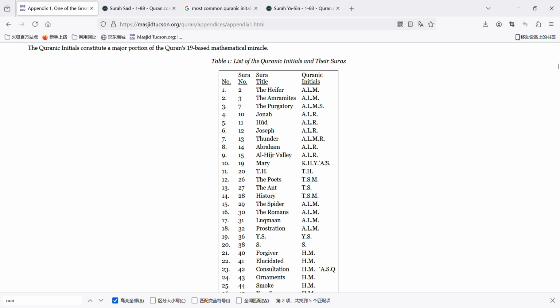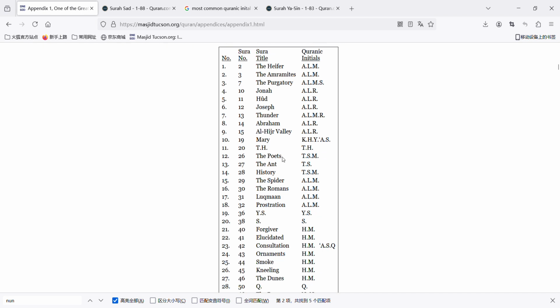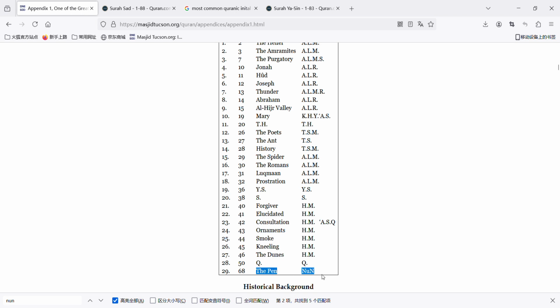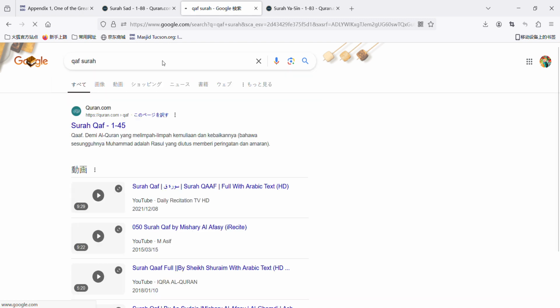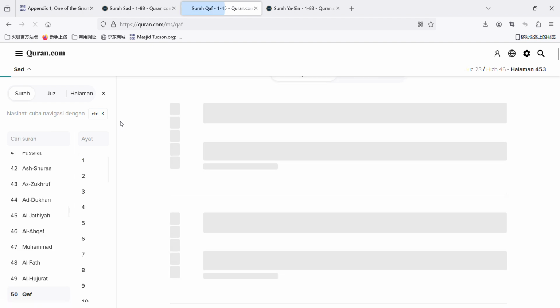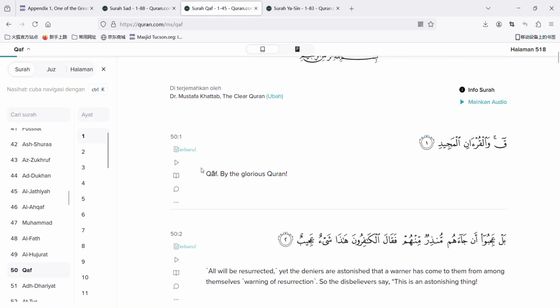But I think I can make it specific, maybe, that if the initial was mentioned only once, like Taha, Yasin, Sad, and this, the Pen Surah, and let's say Kaf Surah, Kaf, by the glorious Quran. So if the initial was mentioned only once, then it is referring to the Quran, because otherwise it feels unclear why it is used one time.